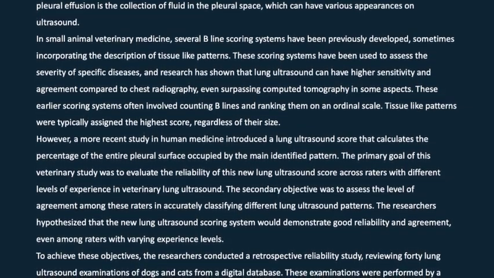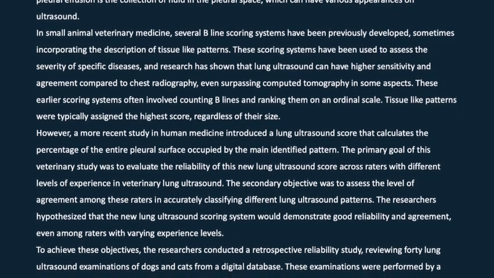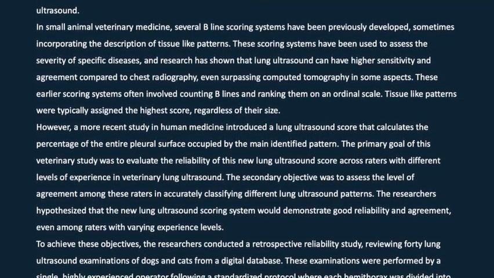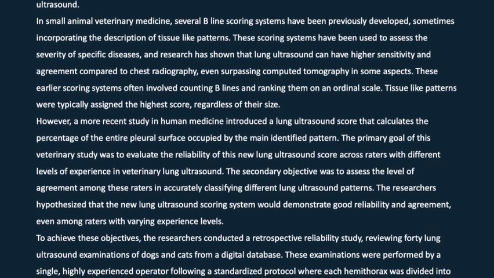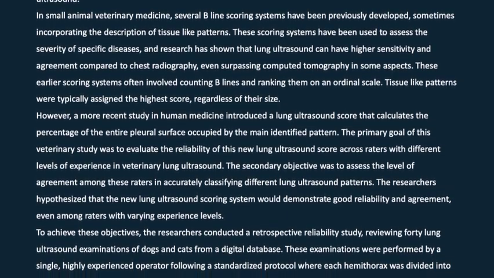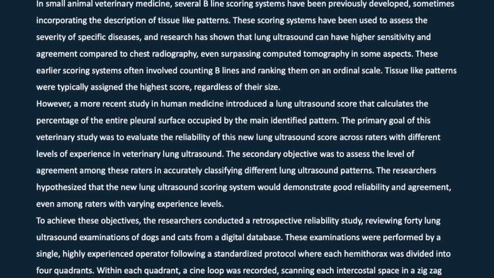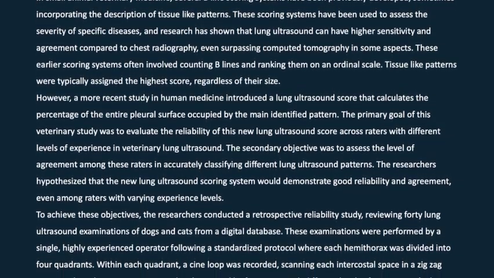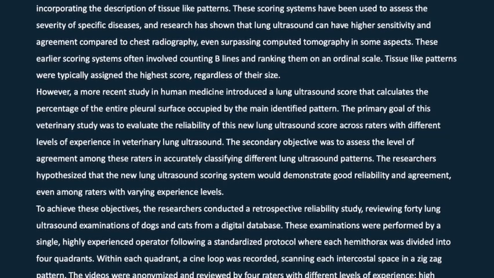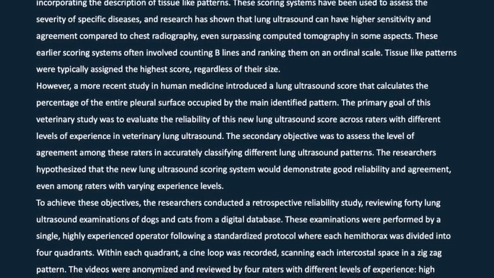These earlier scoring systems often involve counting B-lines and ranking them on an ordinal scale. Tissue-like patterns were typically assigned the highest score, regardless of their size. However, a more recent study in human medicine introduced a lung ultrasound score that calculates the percentage of the entire pleural surface occupied by the main identified pattern.